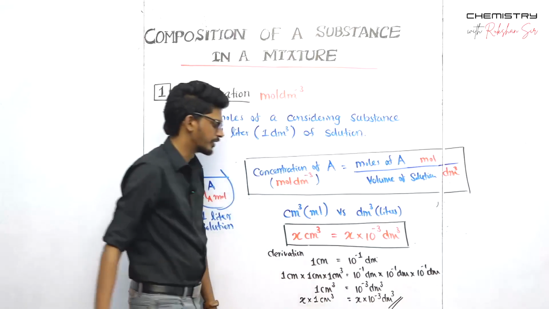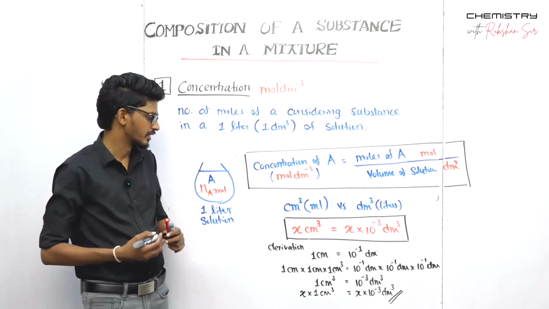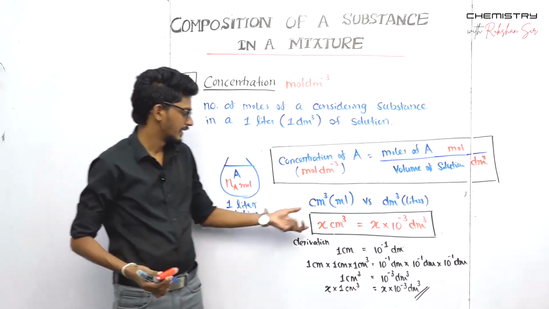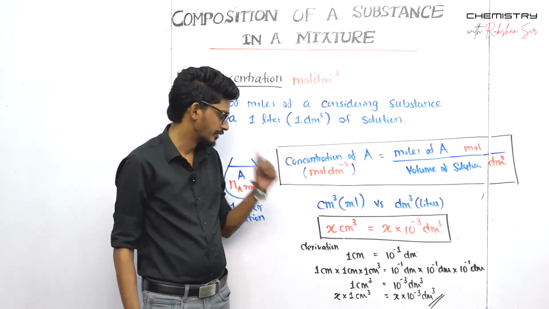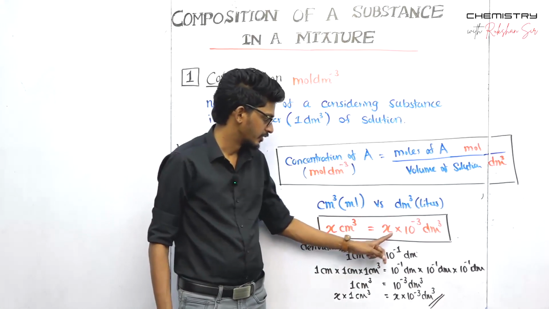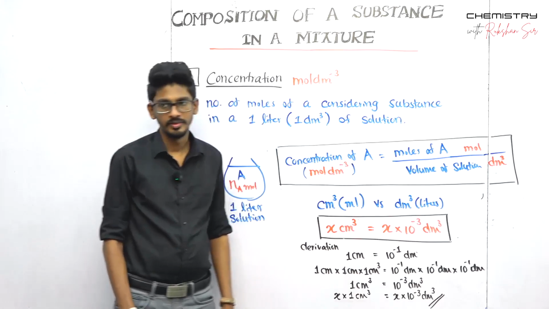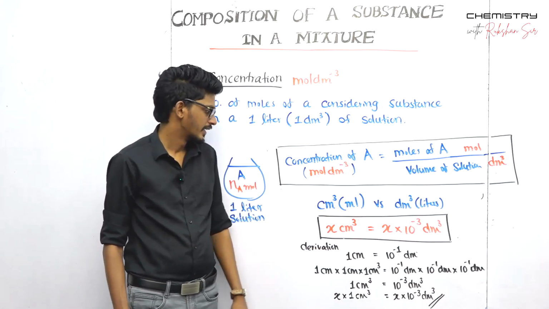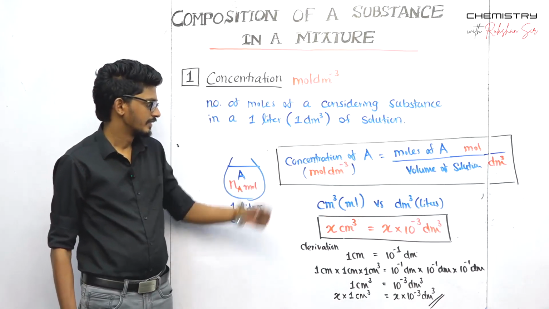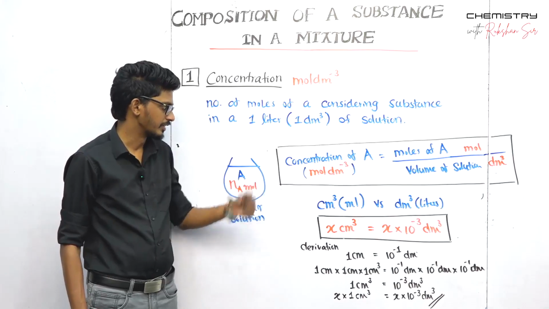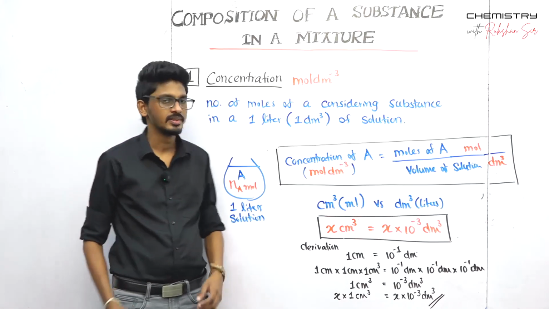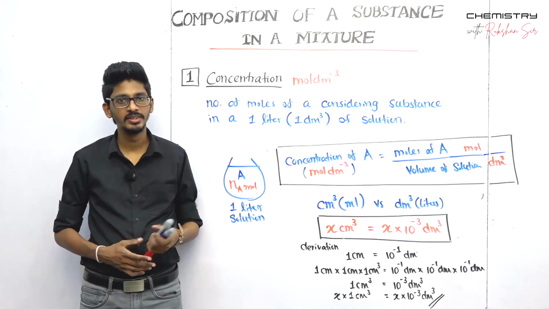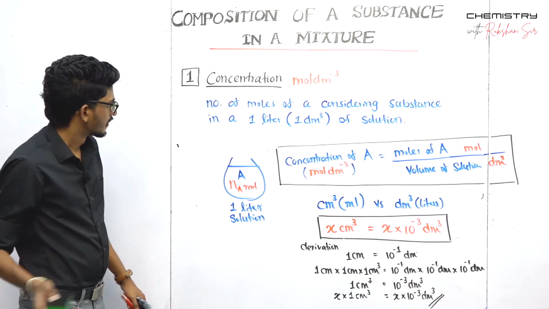That is how you derive it. But there is no need for a derivation; just know this simple unit conversion: x centimeter cubes means x into 10 to the power minus 3 decimeter cubes. This will be very helpful when doing questions relating to concentration. Let's come up with an example. Let's do a little example here.